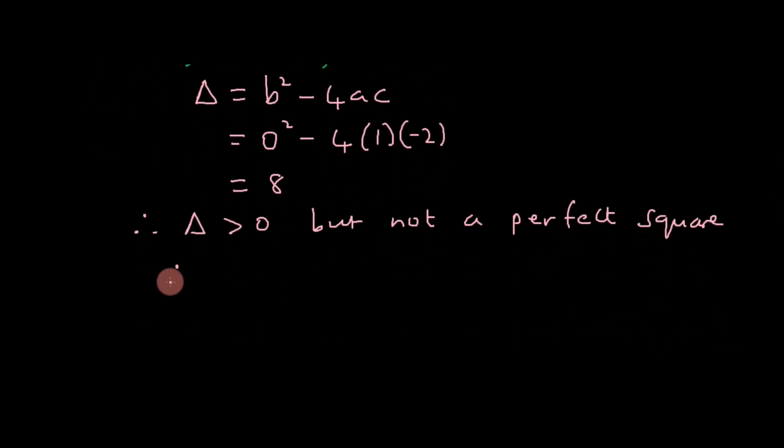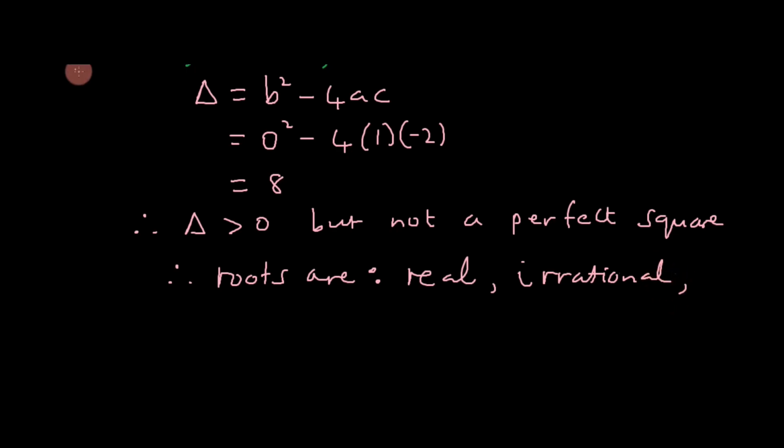So we can conclude that the roots are, firstly, real, because 8 is greater than 0, delta is greater than 0. So real. 8 is not a perfect square, so it's going to be irrational. And since delta is not equal to 0, the roots are also unequal. So unequal. So the roots are real, irrational, and unequal.